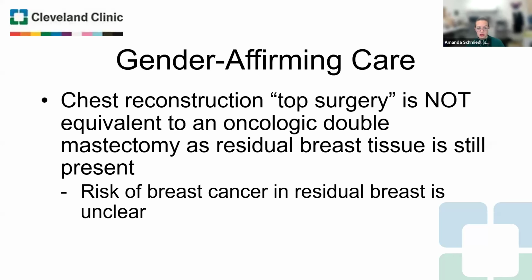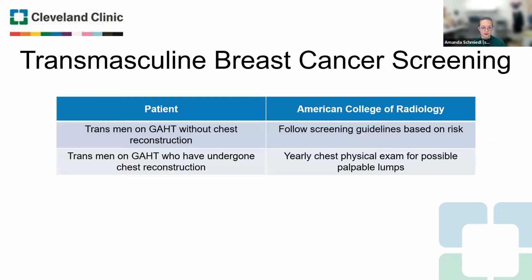So that is important to note, that just because you had chest reconstruction, that does not mean that you no longer have breast tissue, or that your risk of breast cancer mirrors that of a cisgender man. So transmasculine patients on gender affirming hormone therapy, like testosterone, without chest reconstruction, should follow screenings based on risk.